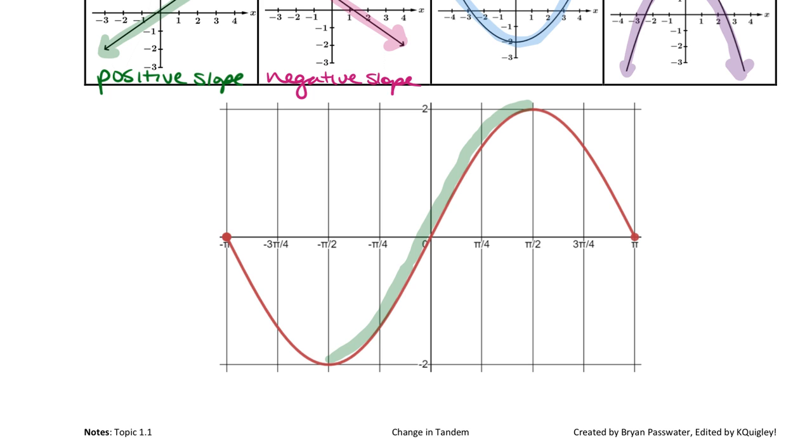The two little outside sections that we haven't highlighted green, do you see how they are going down and going down? Those two sections we would do pink because they are decreasing. So we've highlighted increasing, decreasing.